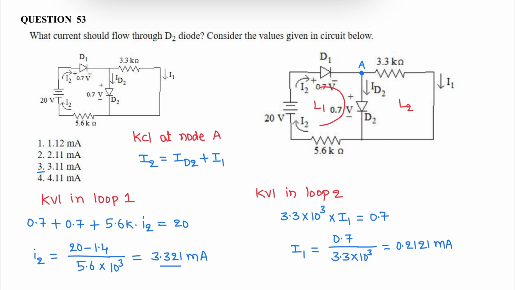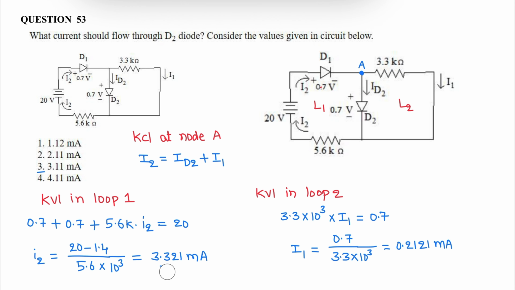Similarly, apply KVL in loop 2, that is 3.3 into I1 is equal to this voltage drop. Voltage drop across diode D2 is 0.7 volts. From this current I1 is 0.2121 milliamperes.